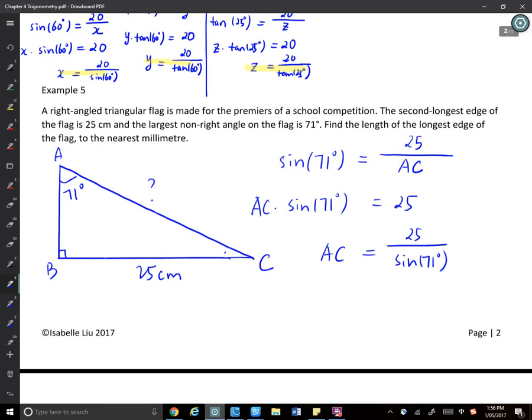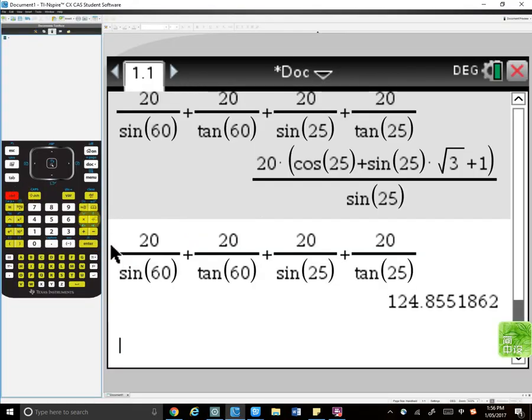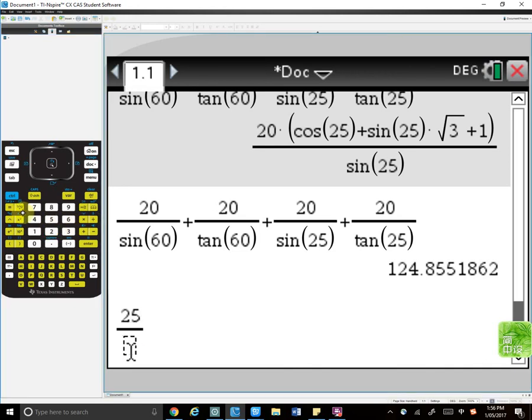This is in centimeters, and it asks you to correct to the nearest millimeter. So how many decimal places do I need? 1. Yep, for centimeters, just 1, because the 0.1 will give you the millimeter. So I will have 25 over sine 71.